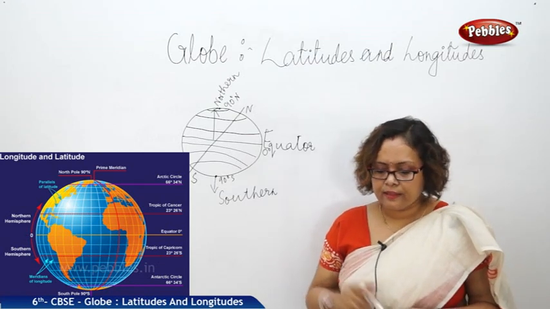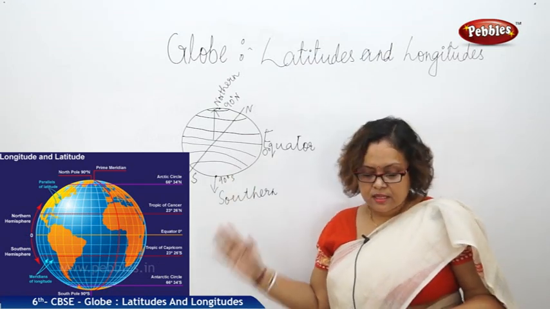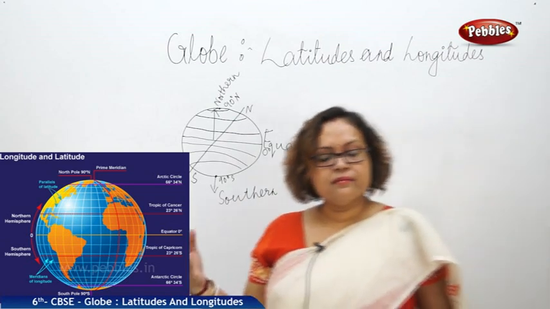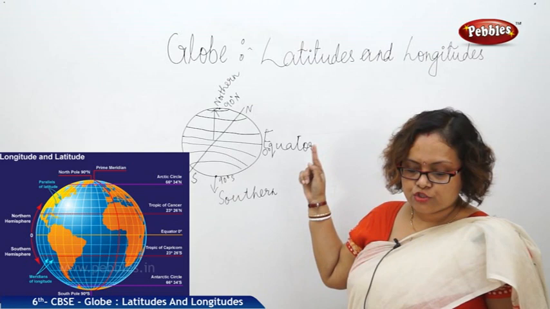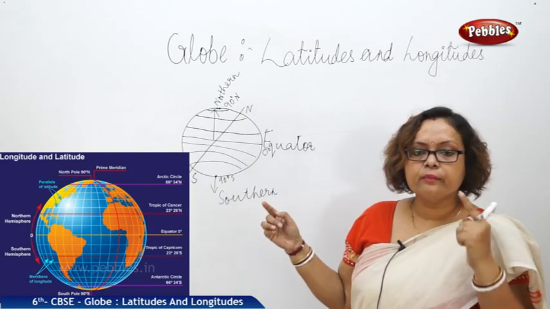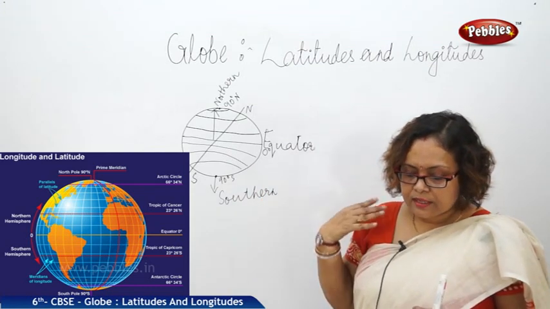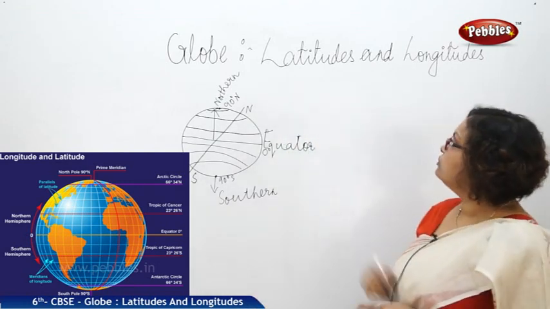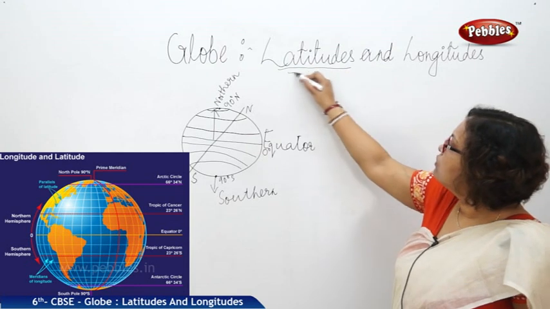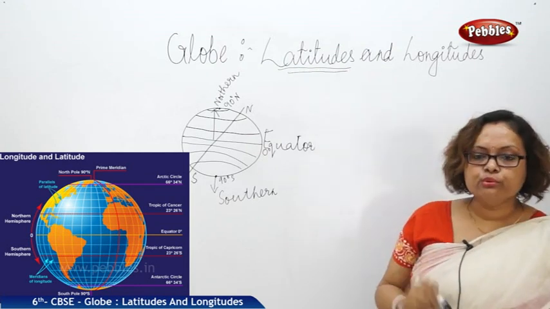Why do we measure like that? Let us discuss the important parallels of latitudes. These all are known as latitudes. What are the important parallels of latitudes? What is a latitude?